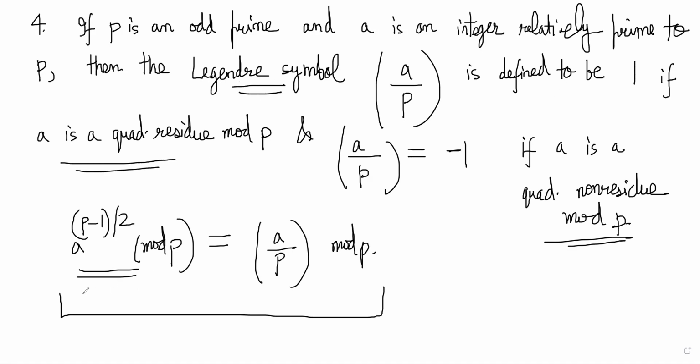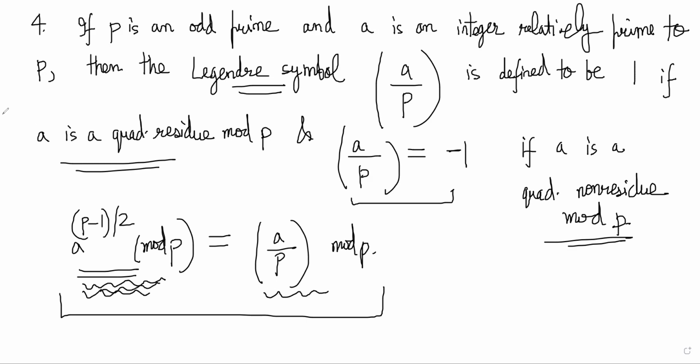So obviously this should be the same as this, right? Similarly, it is -1 if it is a quadratic non-residue according to Euler's criterion, and again, the symbol is defined to be -1 if it is a non-residue. So we'll be using that in the future.